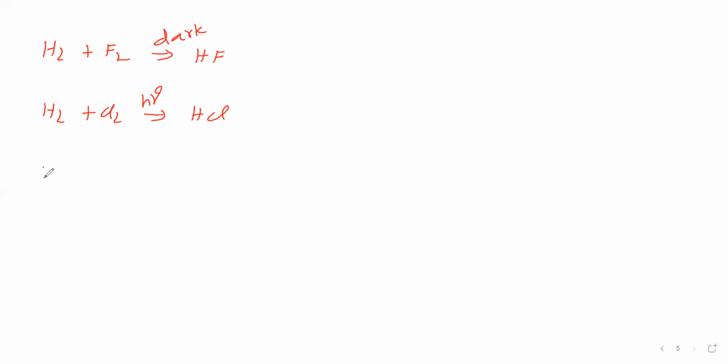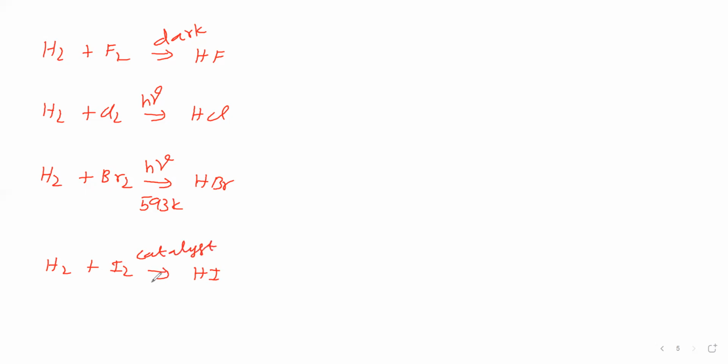Next we will see bromine. Hydrogen reacts with bromine to give HBr. This reaction takes place in the presence of sunlight at a temperature of 593 Kelvin. Then iodine reacts with hydrogen to give HI. Here we need a catalyst.